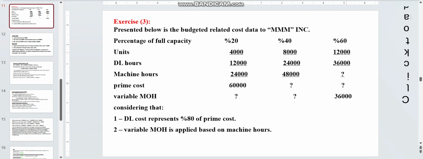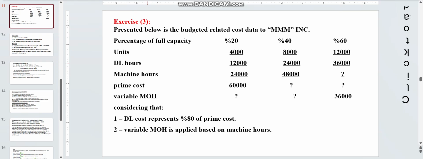Simply means that 4,000 units equal 20% of full capacity, while 8,000 units represent 40% of full capacity, while 12,000 units represent 60% of full capacity.